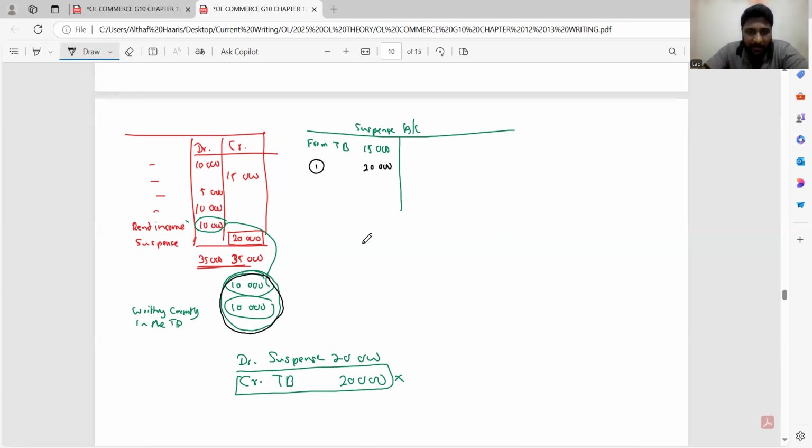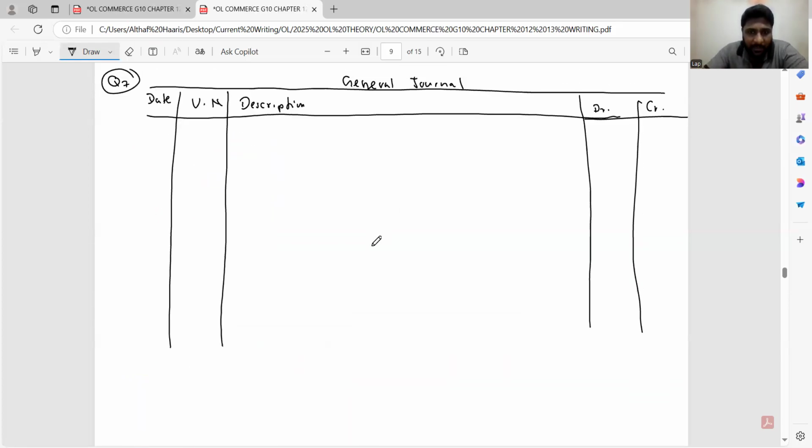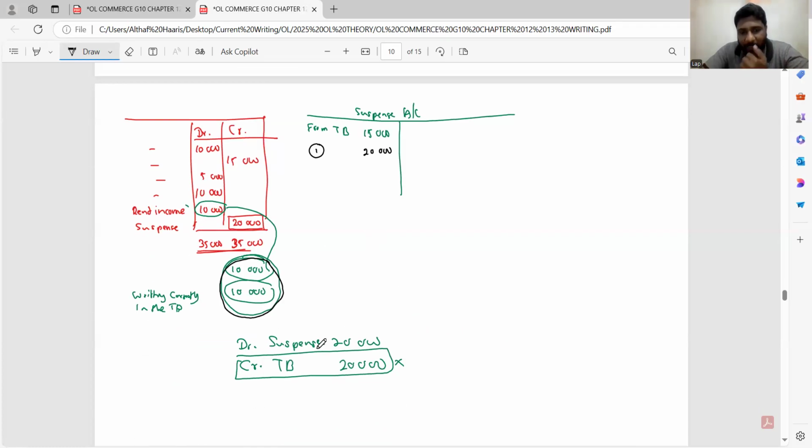In the general journal, you write debit suspense account 20,000, no credits. In your head, you know that credit 20,000 went to the trial balance, but don't write it.